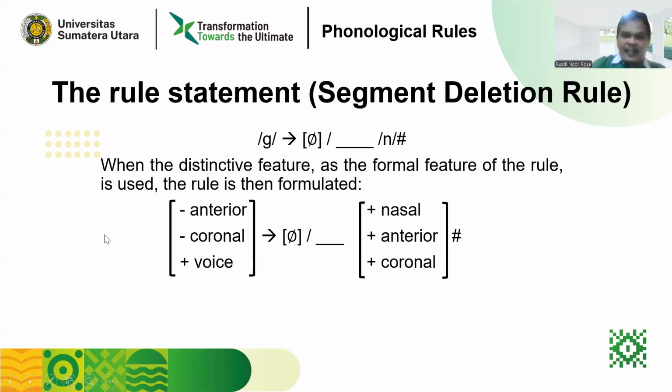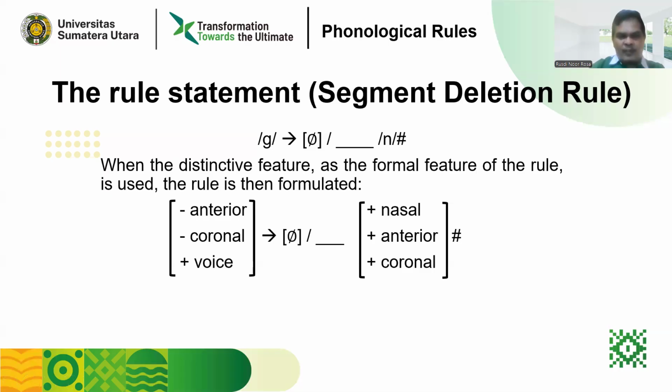So this is the phonological rule to say that the deletion of G occurs in this data. It's not difficult, but before you formulate the statement, you must know exactly distinctive features, the topic that I have explained to you in the previous videos.